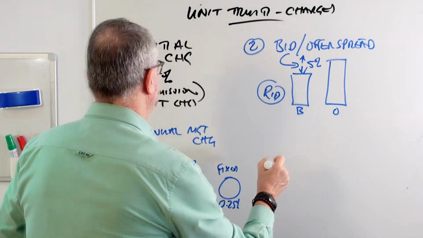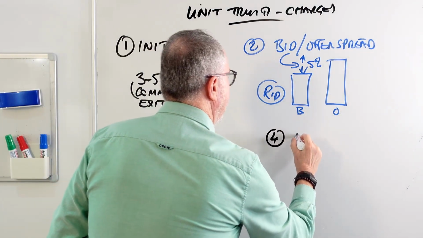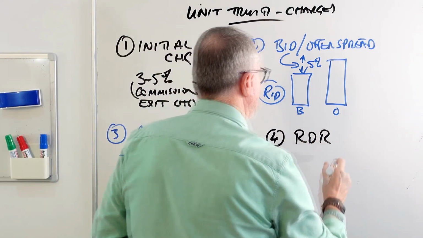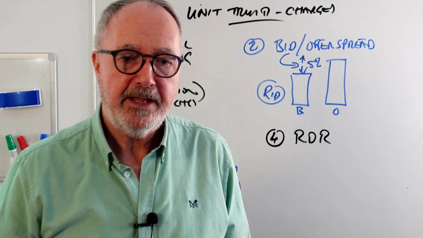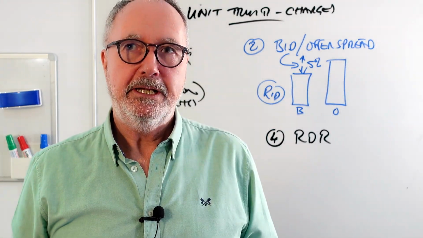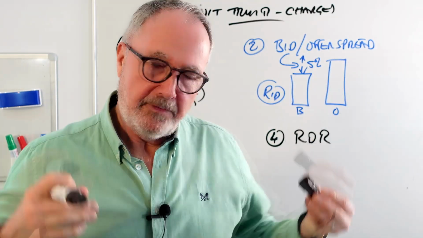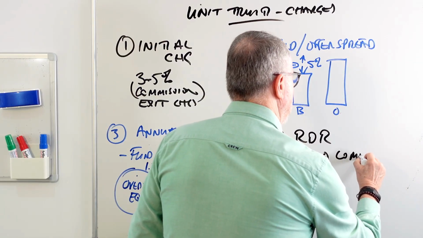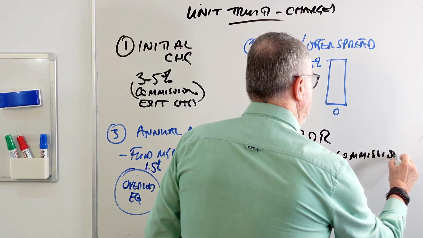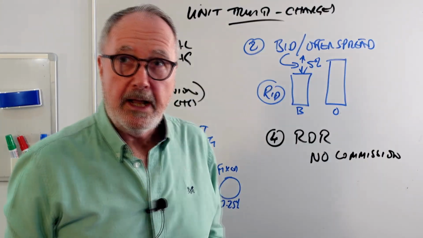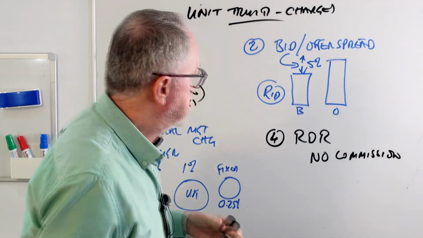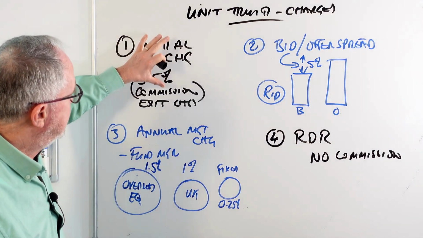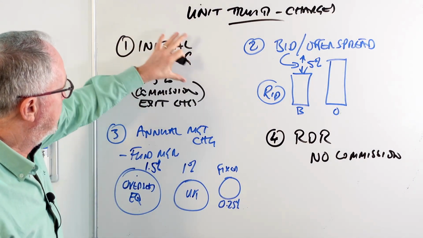Now the final point for you, of course, is RDR, Retail Distribution Review, at the end of 2012, which is 14 years ago. What that created is that these things can no longer provide commission. We have to take our fees from the client direct, and there's no commission baked in anymore, which used to be where the commission came from.